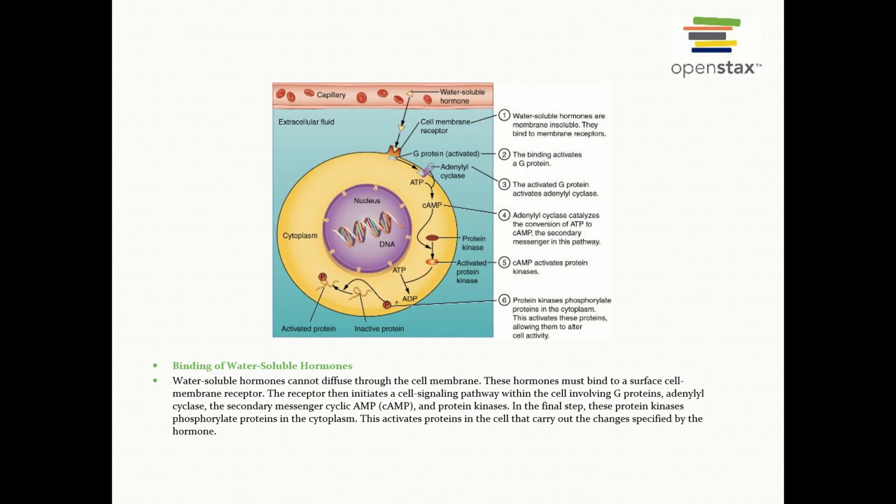In step 5, cyclic AMP will activate protein kinases. And in step 6, protein kinases, which are enzymes, phosphorylate proteins in the cytoplasm. This means that they add phosphate molecules or phosphate ions to the proteins within the cytoplasm, and this activates the proteins, allowing them to alter cell activity.